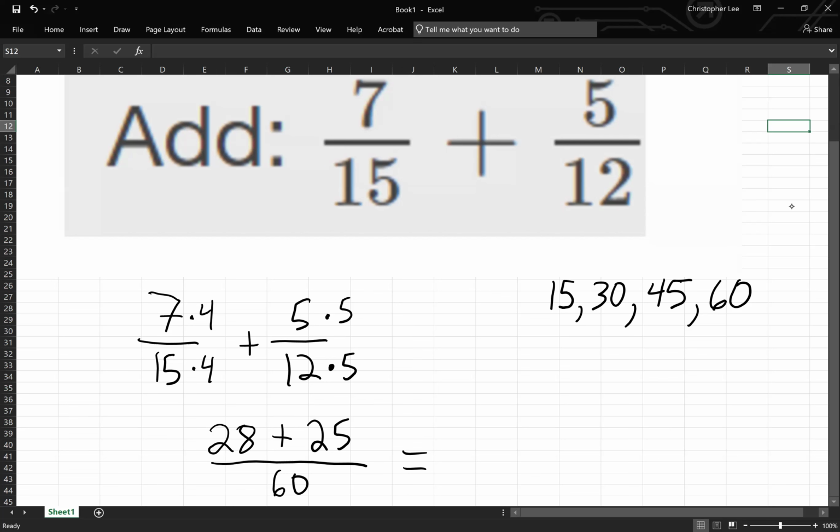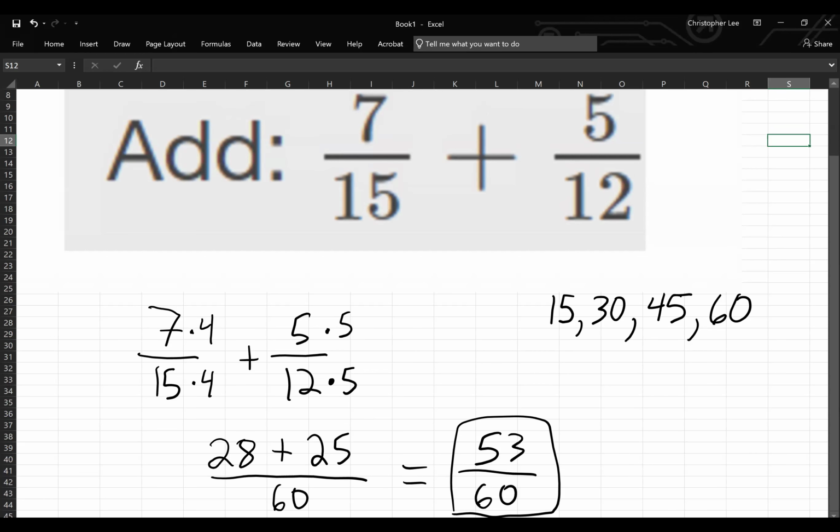What's 28 plus 25? 53, right? Over 60. And that's it. That's my answer. Questions on this, anybody? It's not bad, right? All right, let's keep it moving.